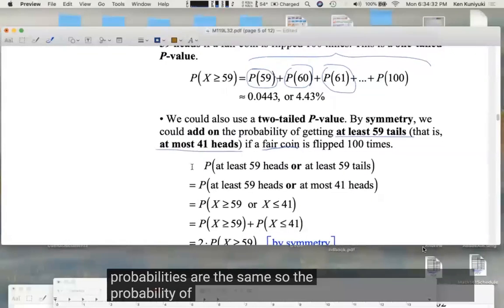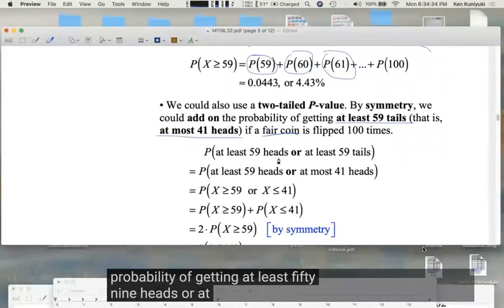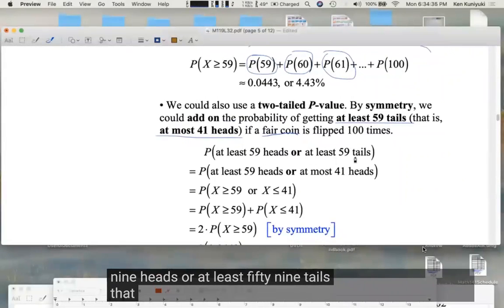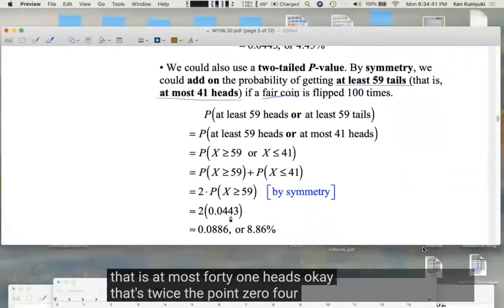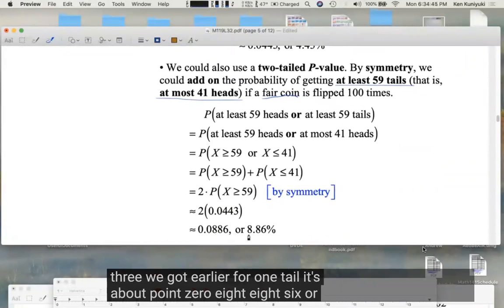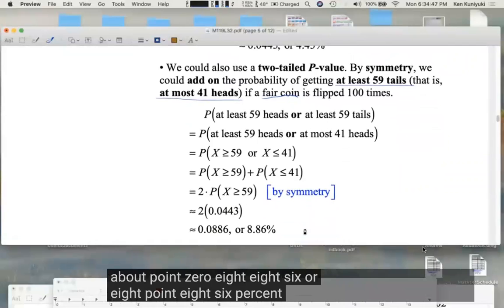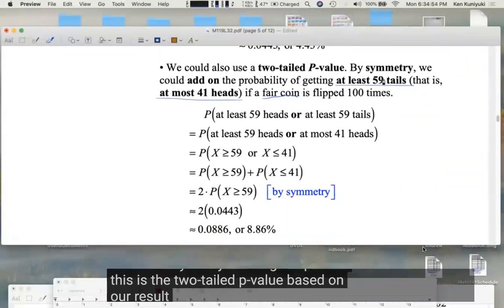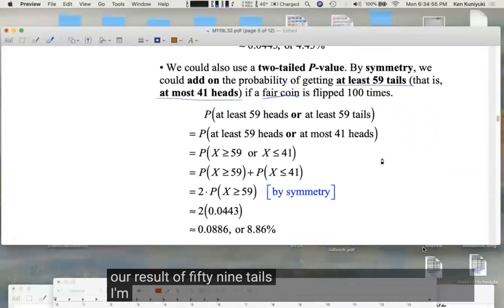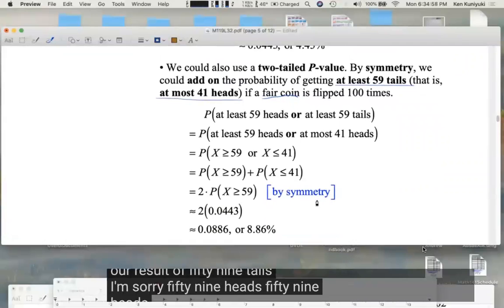So the probability of getting at least 59 heads or at least 59 tails, that is at most 41 heads, okay? That's twice the 0.0443 we got earlier for one tail. It's about 0.0886 or 8.86%. So that's another way that you can get a p-value. This is the two-tailed p-value based on our result of 59 heads.